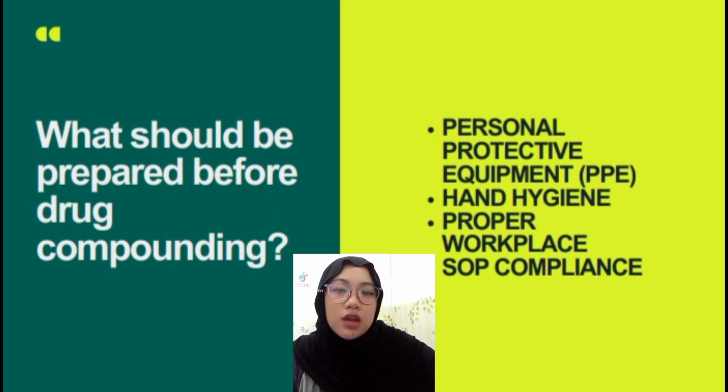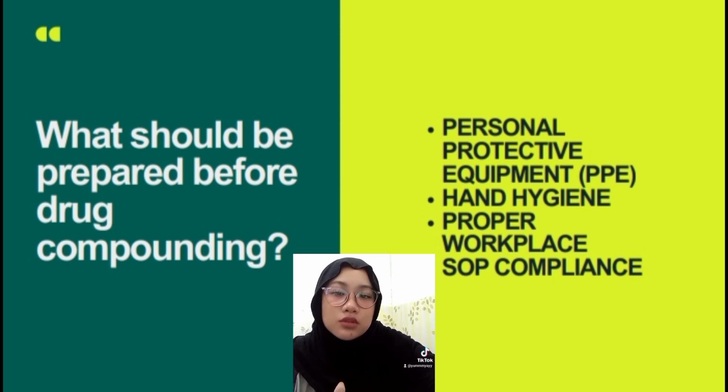When these procedures are not followed properly, the risk of chemical exposure, contamination, and physical injury increase. For example, skipping hand hygiene may seem like a small issue, but it can lead to serious health problems or medication error. On the other hand, proper preparation helps create a safe and controlled working environment.